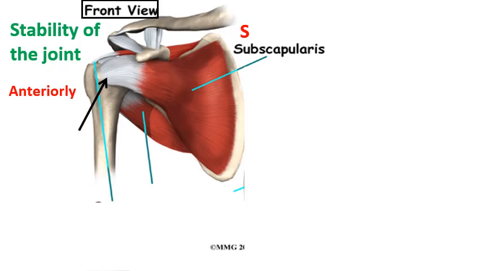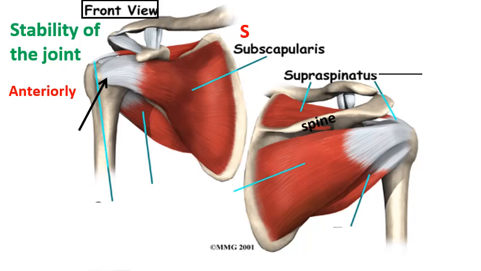If we turn the scapula backwards, let us see the posterior, the back view. This is the spine of the scapula, as you see. Above the spine, there is a muscle called supraspinatus. Supra because it is above the spine. Supraspinatus muscle. If we look at its tendon, here is the tendon.